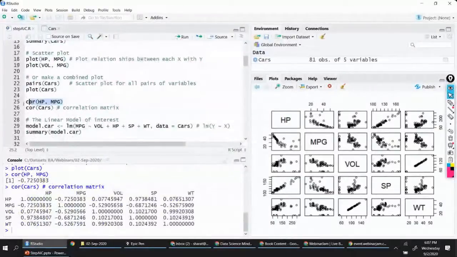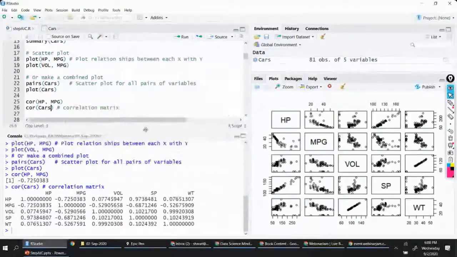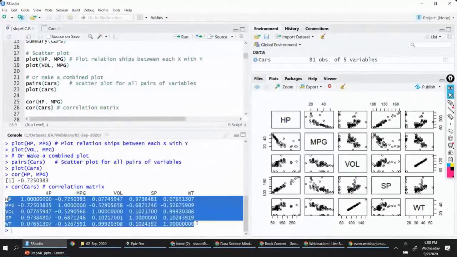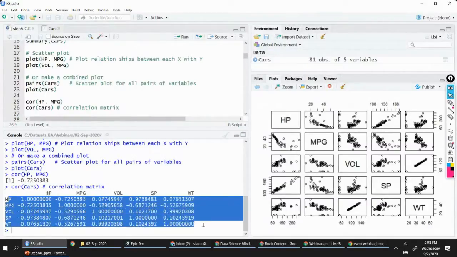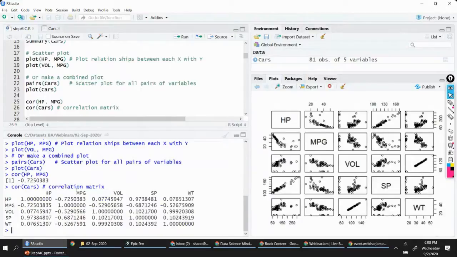Now, rather than typing individual x comma y, even for correlations, we can directly do correlation of the data set, right? When you do correlation of the data set, we get this particular matrix. Just like what you're seeing here in the diagram, we get the correlation values here.